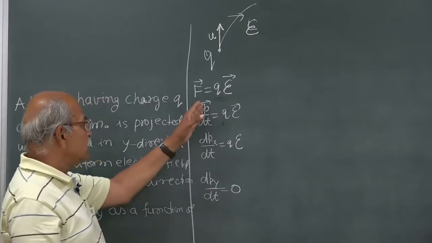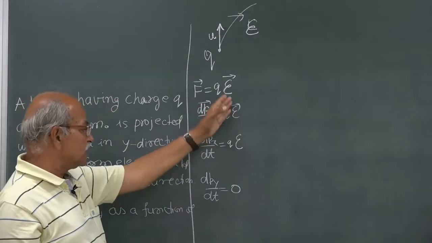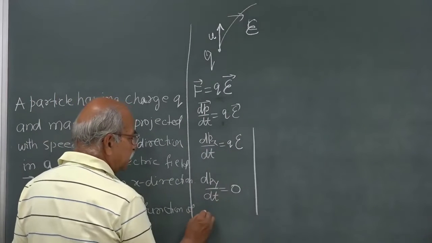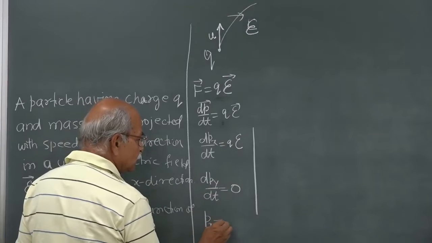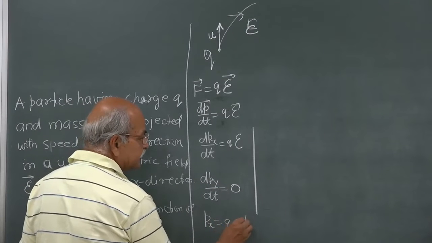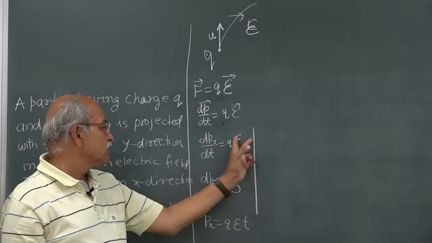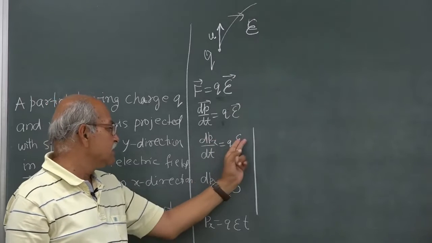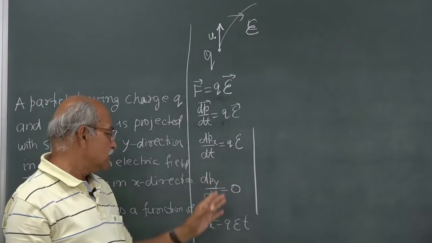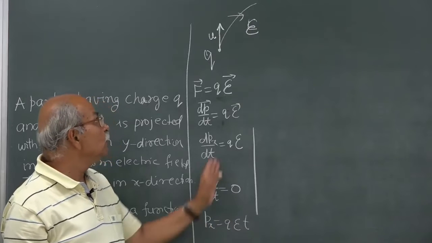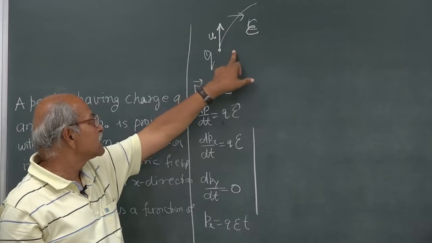In y direction there is no force, and therefore this is 0. So, from here you can write px is equal to qEt, because this is constant. You can integrate dpx equals qE dt, and then you get px equal to qEt. Initially there is no linear momentum component in x direction.